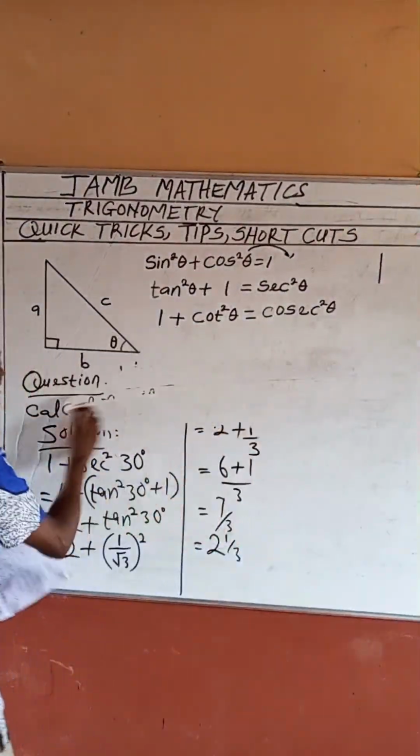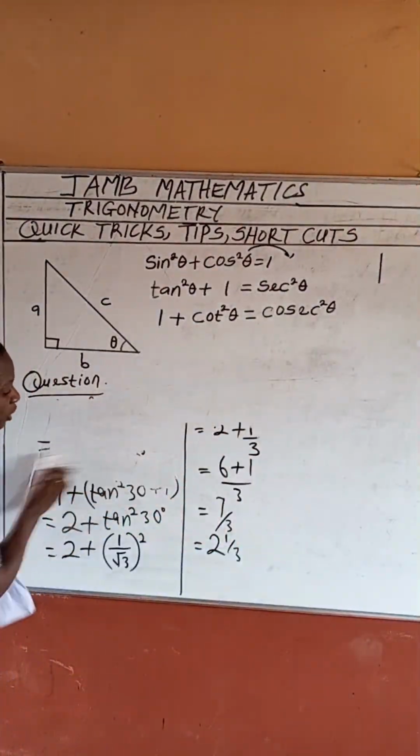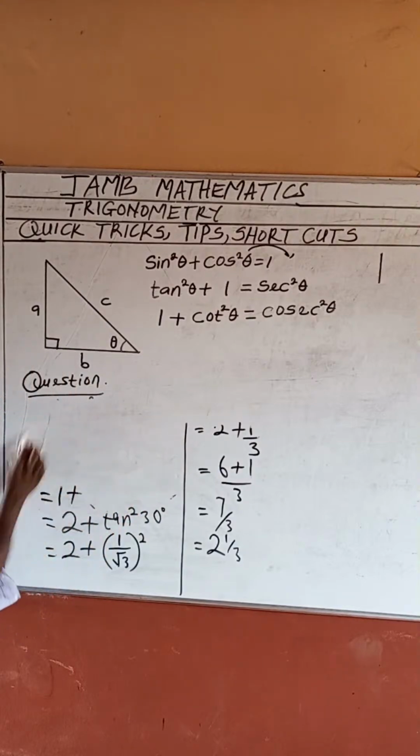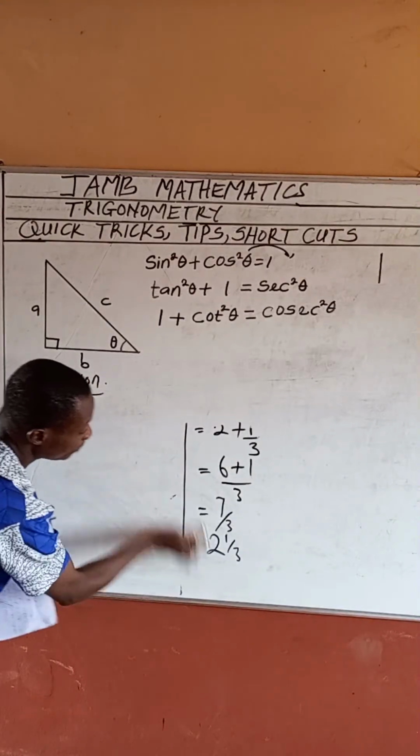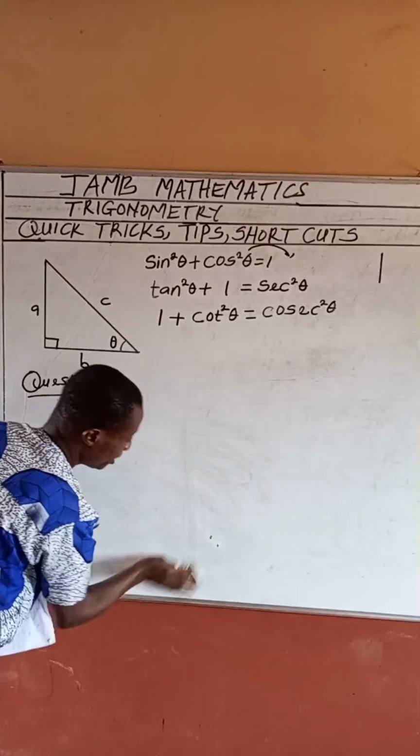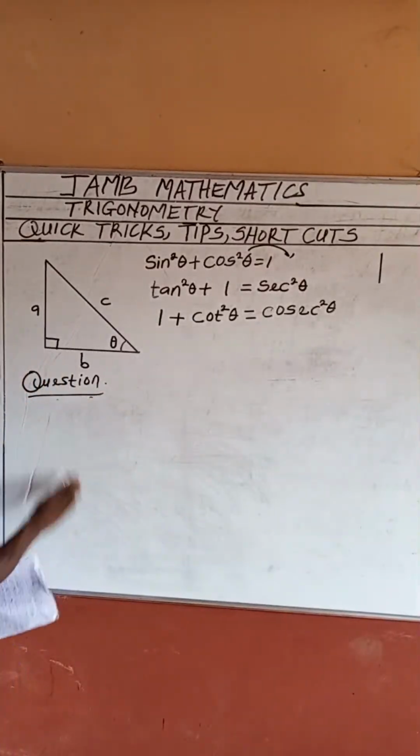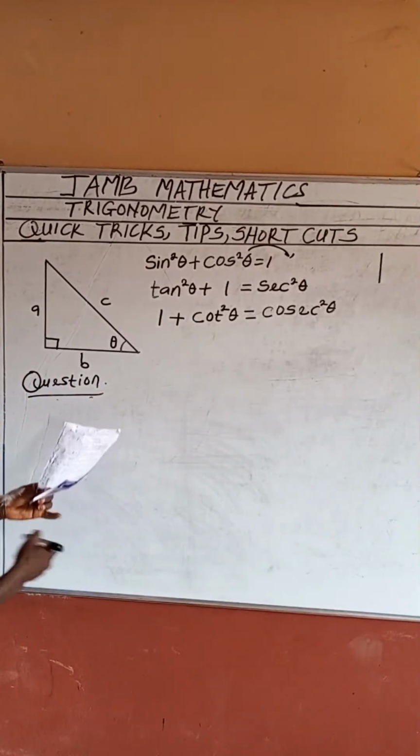So let's proceed to the next question. The questions are so easy, right? Just need to understand the principles involved, and that will be all. So let's quickly take this particular one.